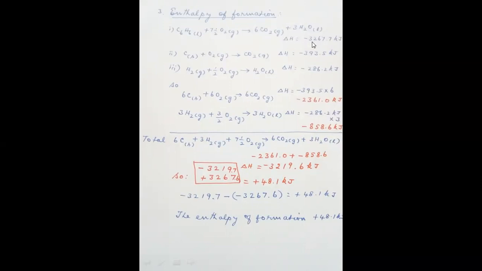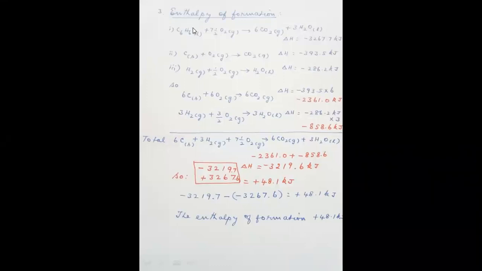The enthalpy change is minus 3267.7 kilojoule. But when you burn carbon alone, you are getting minus 393.5 kilojoule. When you burn hydrogen alone, you are getting minus 286.2 kilojoule.